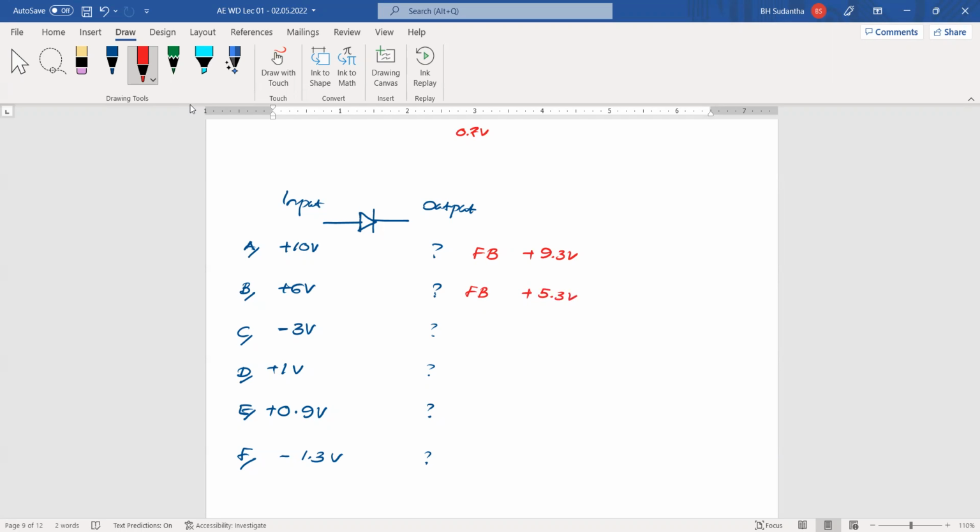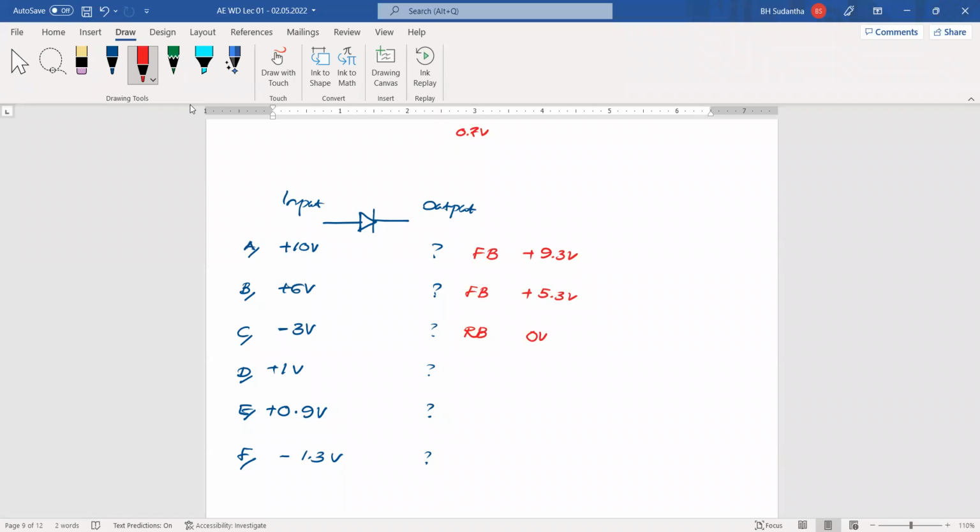Here, when you apply negative voltage, the diode will be reverse biased. Actually, we can't see what the other side voltage is, but for the moment we say 0 volts because we don't know the other side of the circuit. Some different voltages may be there, but anyhow, through the diode, nothing will be coming to the other side.